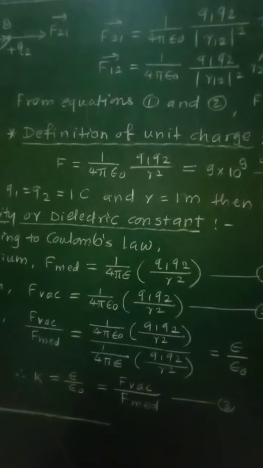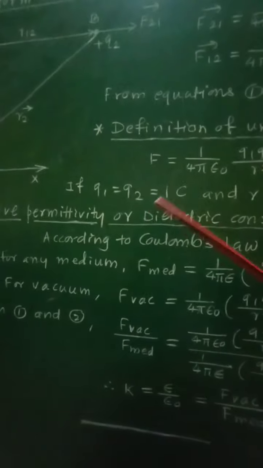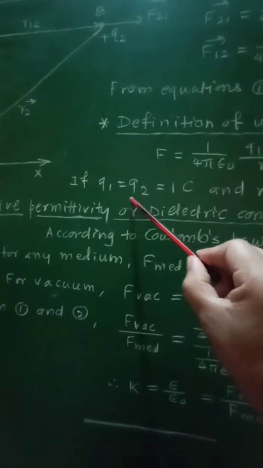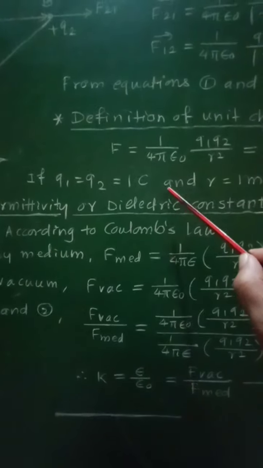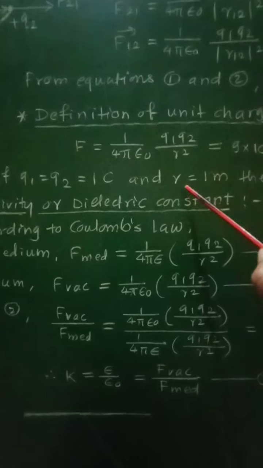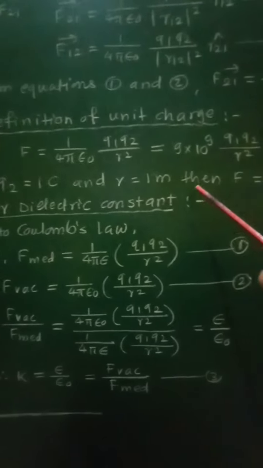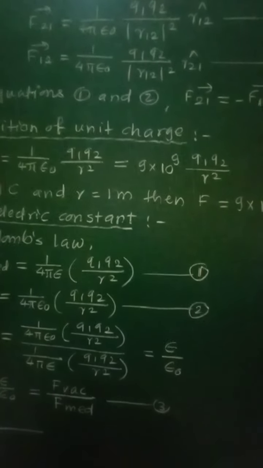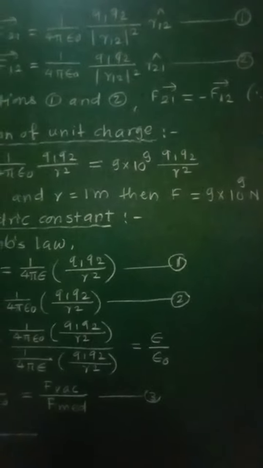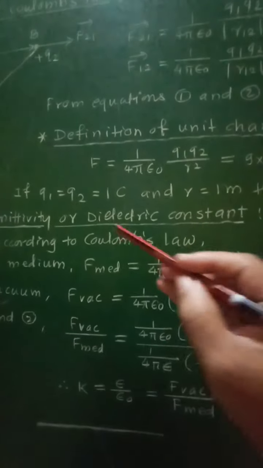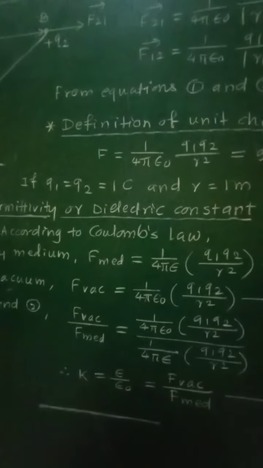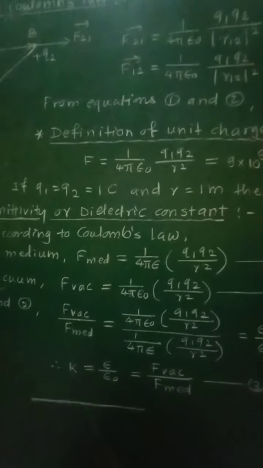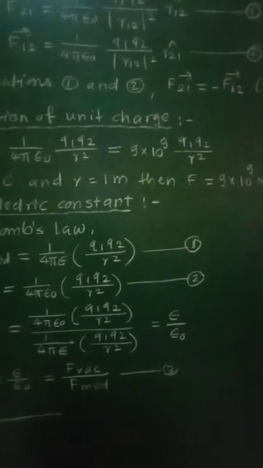Now, if Q1 is equal to Q2 is equal to 1 coulomb, the magnitudes of the two charges being the same, and the distance of separation between them r is equal to 1 meter, then force is equal to 9 into 10 raised to 9 Newton.